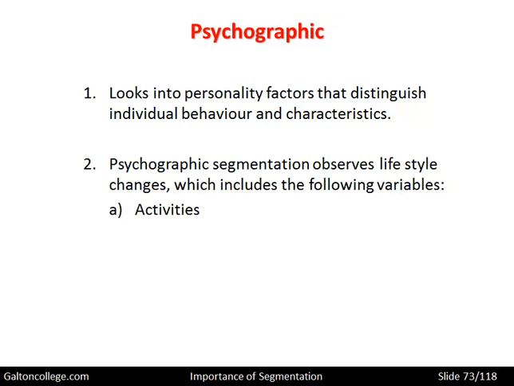Activities, because activities change as we move through life. At one stage we may be keen sports people, but later on we gradually become less involved, and eventually we become spectators and supporters. So at one stage you may play a football, the next stage you are on the sideline watching the match.